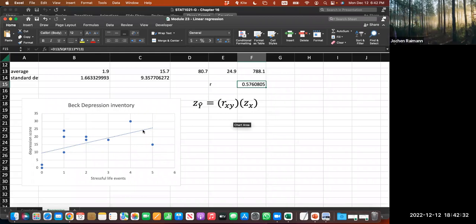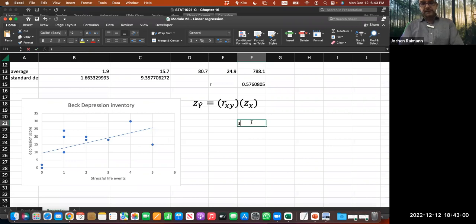We need a slope, where the slope essentially quantifies how much this dependent variable is increasing from 1 to 2, or from 2 to 3, or from 3 to 4. So we want to know how much is that increase. Secondly, we need an intercept, and this is where this line crosses the y-axis, where x equals 0. These are the only two things we need to know.